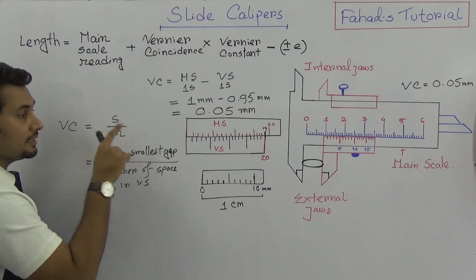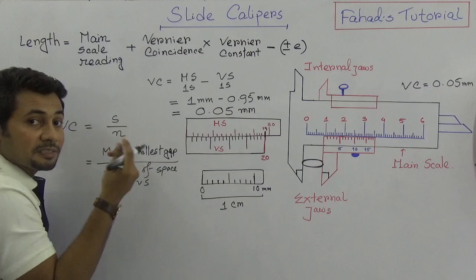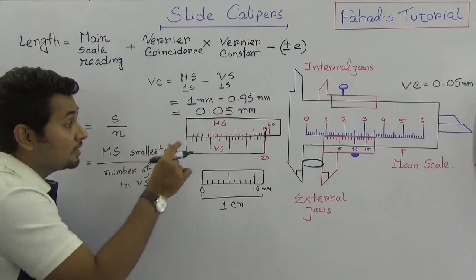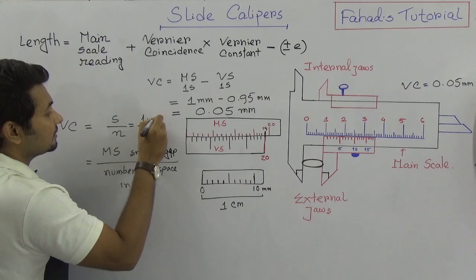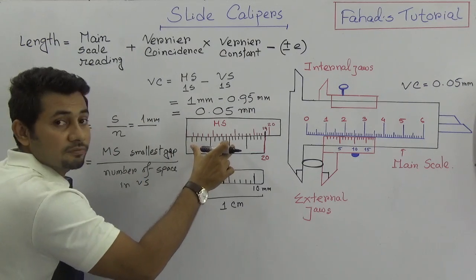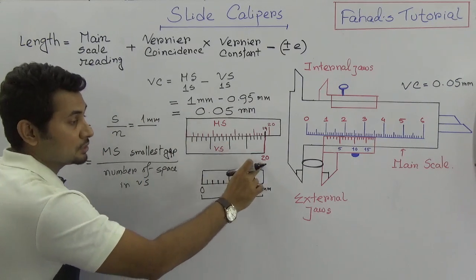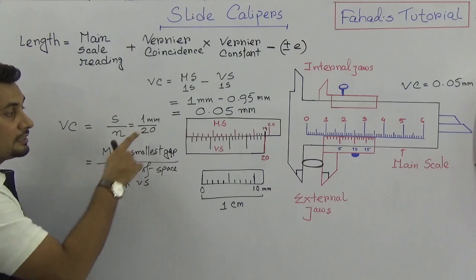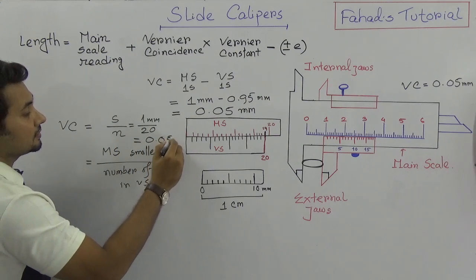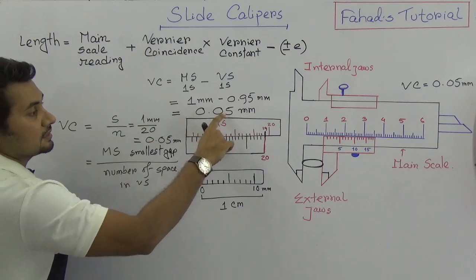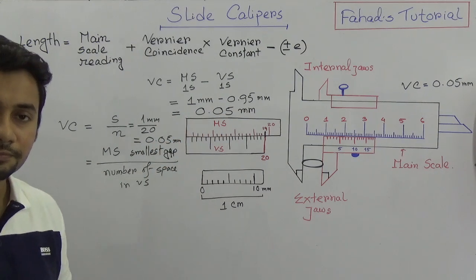So S by N. As we know, S, the smallest distance of a space in the main scale, is 1 millimeter, and the number of spaces in the Vernier scale is 20. So if I divide 1 by 20, you will find 0.05 millimeter, which is the Vernier constant.